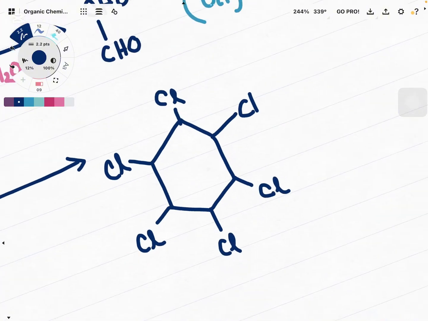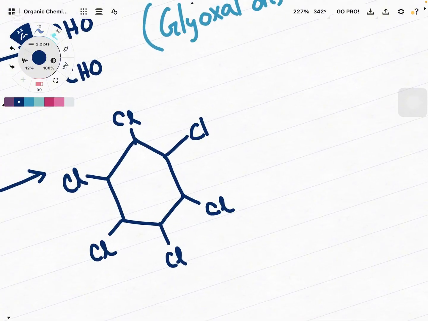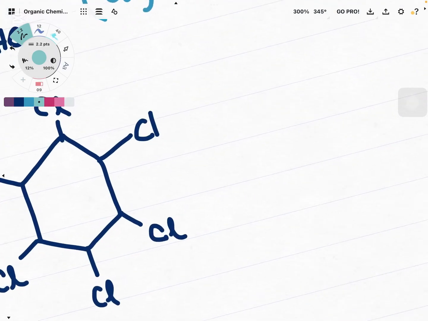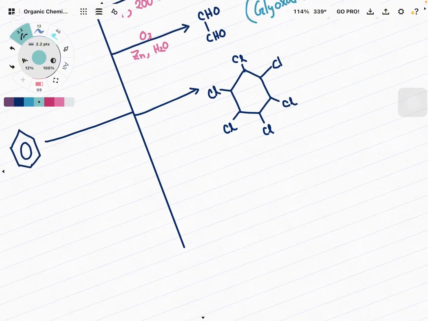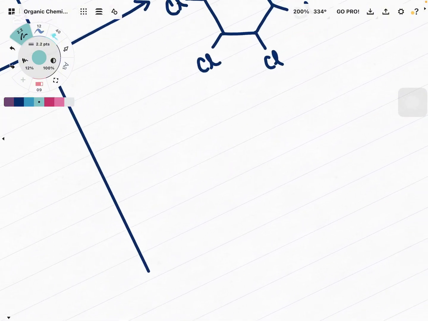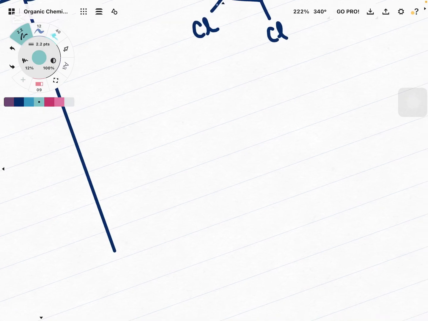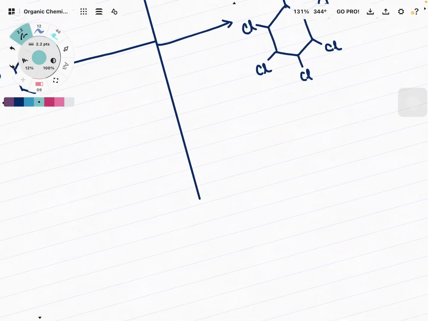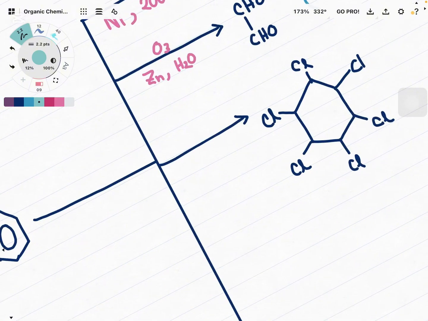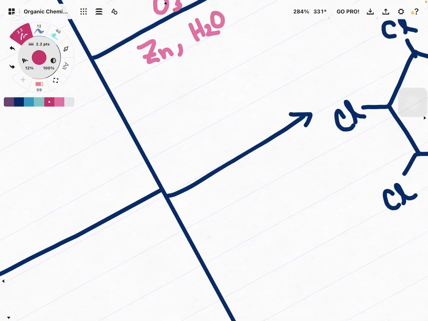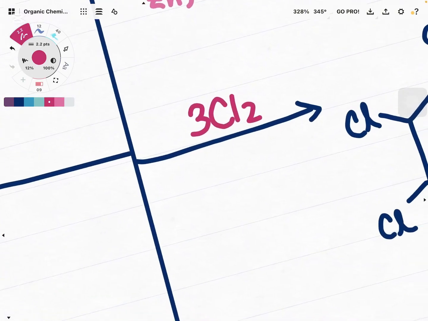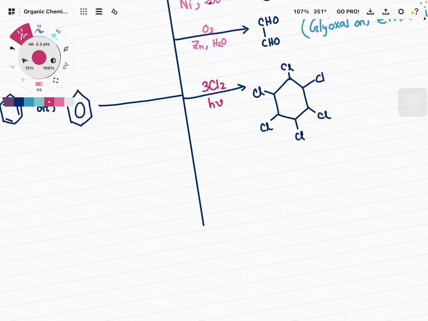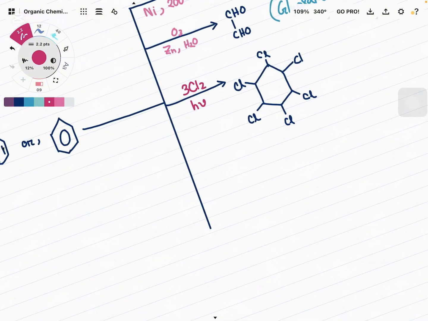It's important. And it is our gammexane. Okay, so I will put the name later of every compound, so it won't take much time. So we have made our third reaction there. Here the reagents are 3 chlorine with the help of sunlight. So our third reaction is done.